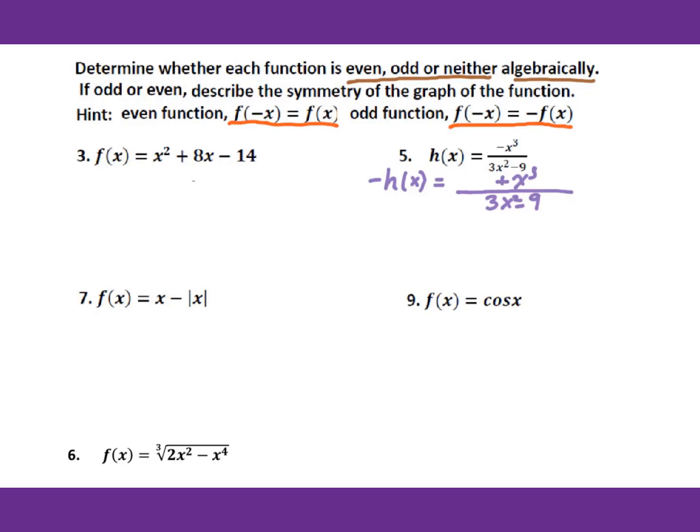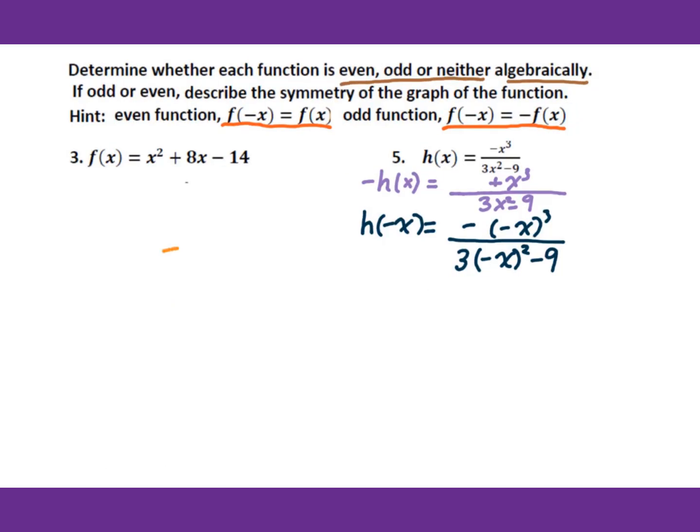Then we work on h of negative x, which means every single x turns into negative x. So we got negative, then negative x to the third power. We have 3 times negative x squared minus 9.